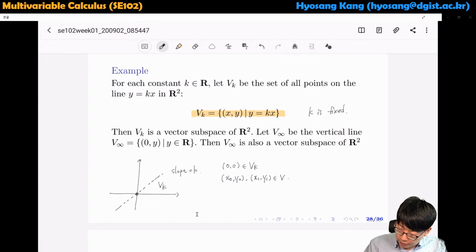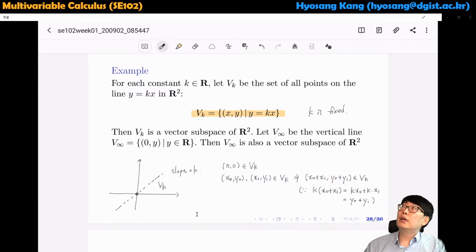If these two vectors lie in Vk, then the sum (x0 + x1, y0 + y1) is also in Vk, because k times (x0 + x1) is k x0 plus k x1, and that equals y0 plus y1, by the assumption that (x0, y0) and (x1, y1) lie in Vk. Okay.